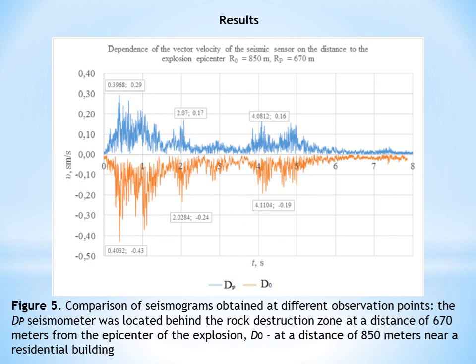Results: the duration of ground vibration was close to 6 seconds. It is noteworthy that the shape of the signals is almost identical, but the values of the maximum speed differ. At a shorter distance from the explosion, the amplitude is almost 1.5 times smaller. To explain this phenomenon, it is necessary to recognize that the existing fractured area between the blasting wells and the DP observation point acts as a screen.